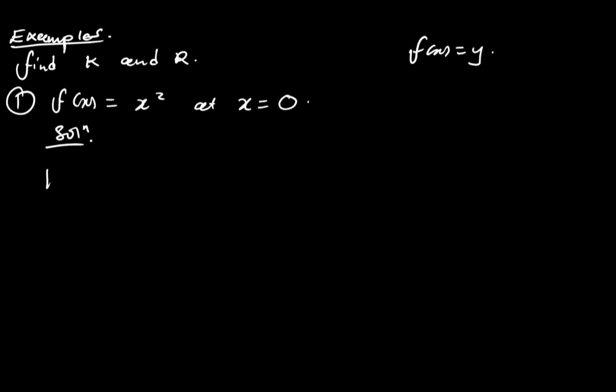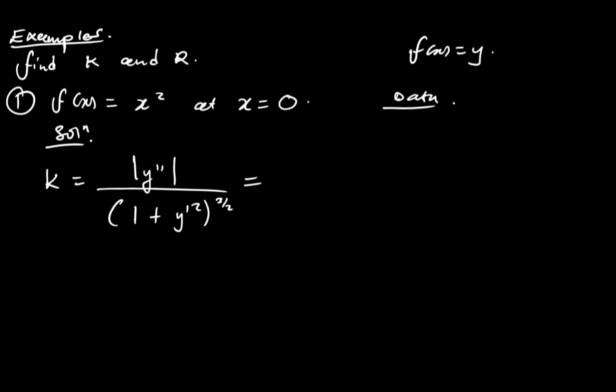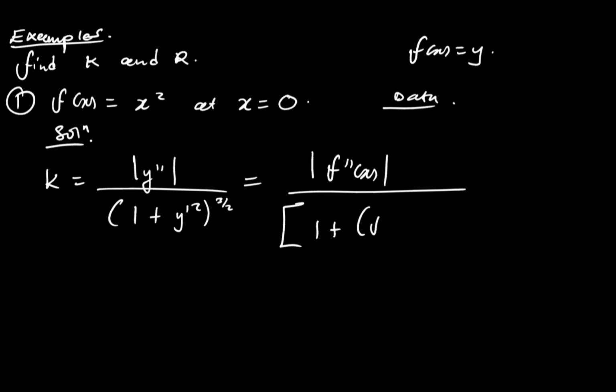To find the curvature, we say curvature is equal to the absolute value of y prime prime over 1 plus y prime squared to the power 3 over 2. Now basically you can just understand that this is the same as writing the absolute value of f prime prime of x over 1 plus f prime of x squared raised to 3 over 2.